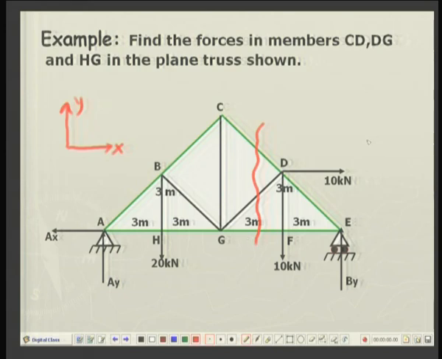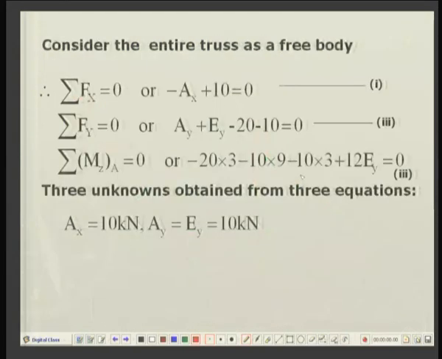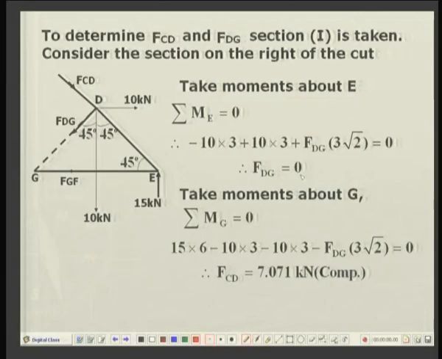So, this will cut CD as well as DG. So, let us see. I will take a section over here, and once the cut has been taken, I will consider the truss on the right side of the cut. So, this is the cut truss on the right.